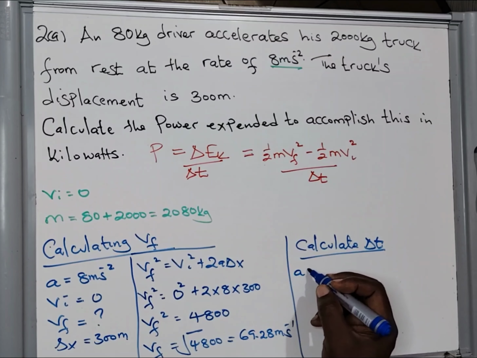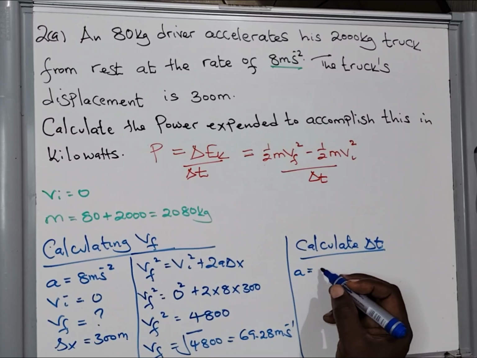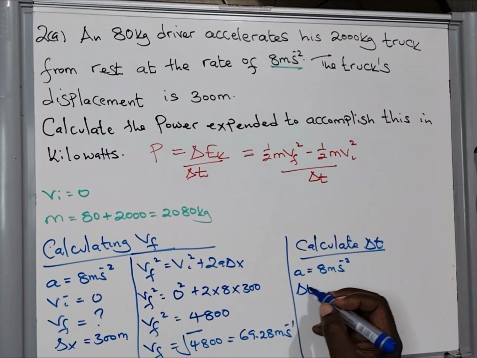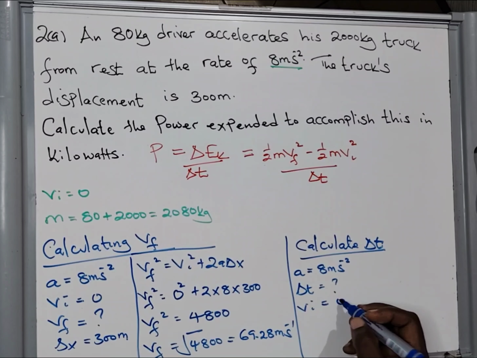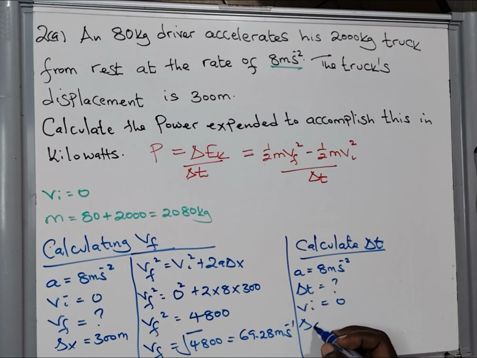You have our acceleration, which is 8 meters per second squared. We are looking for delta t. We know initial velocity, which is 0, and we know displacement, which is 300 meters.